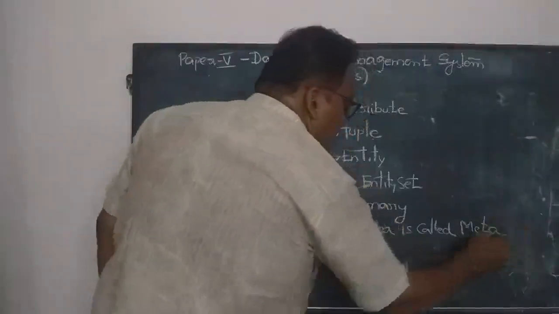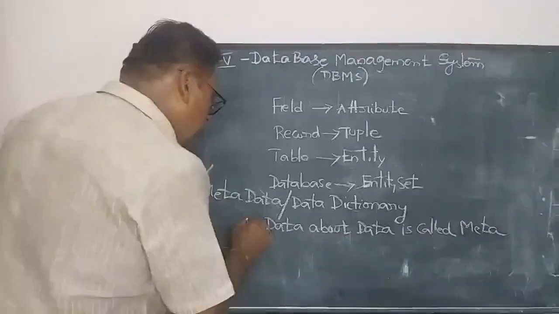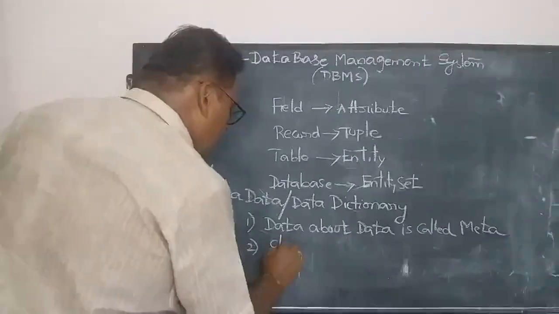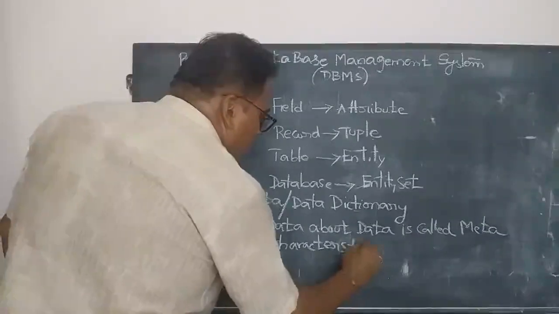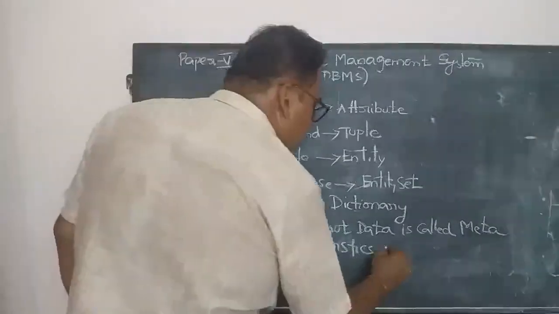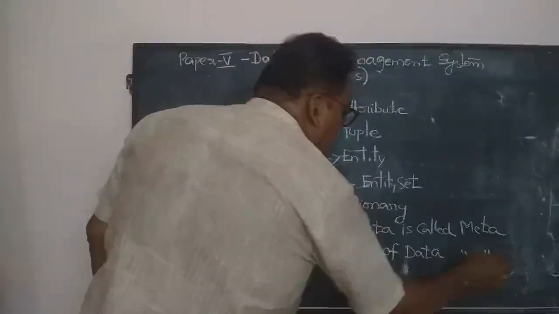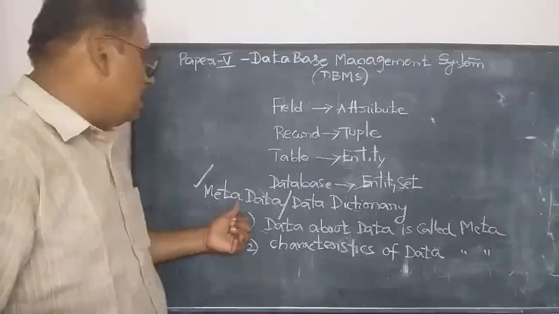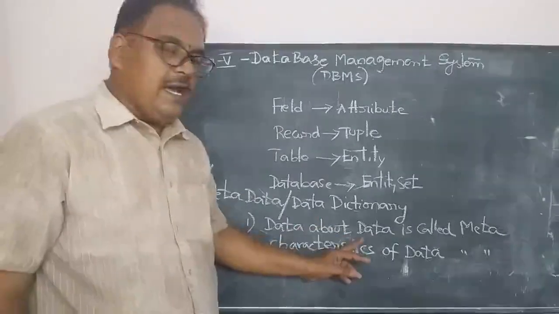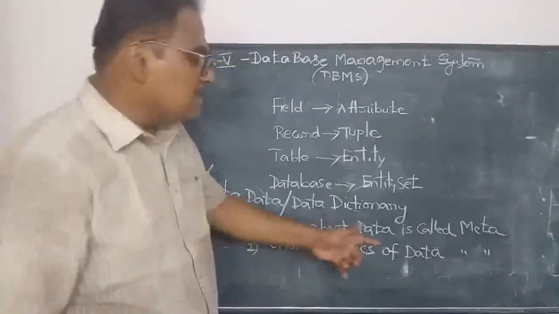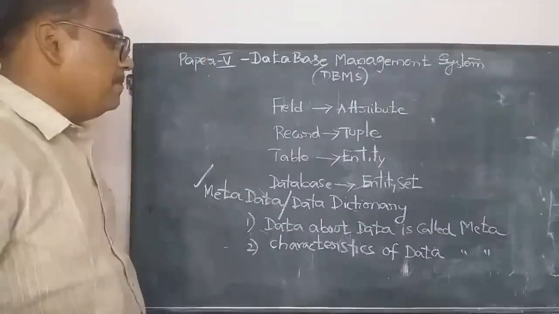Another definition: characteristics of data is also called metadata. So metadata or data dictionary means data about data, or characteristics of data.